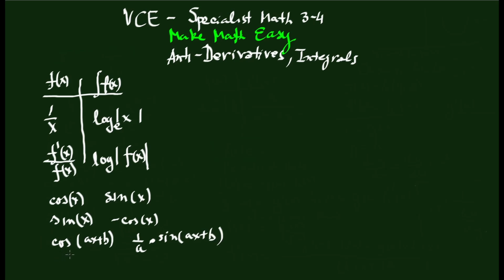And similarly, sine of ax plus b becomes minus 1 over a cosine of ax plus b.